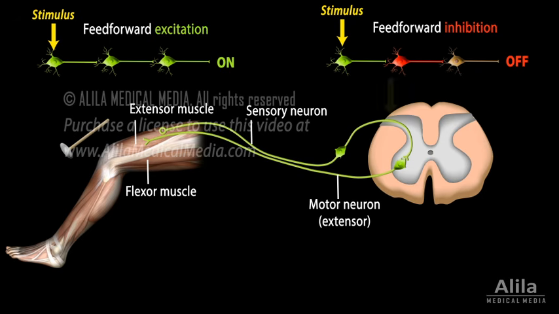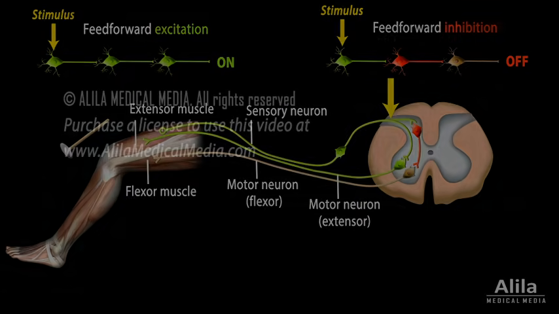As it enters the spinal cord, the axon of a sensory neuron gives out two branches. One branch excites motor neuron of the extensor muscle, while the other activates an inhibitory interneuron. This interneuron then inhibits the motor neuron that controls the flexor muscle, keeping it relaxed. Similar circuitry setup underlies voluntary movements controlled by the brain.